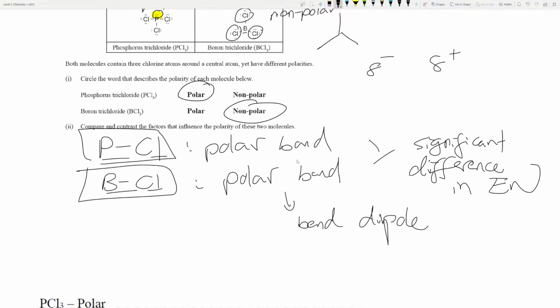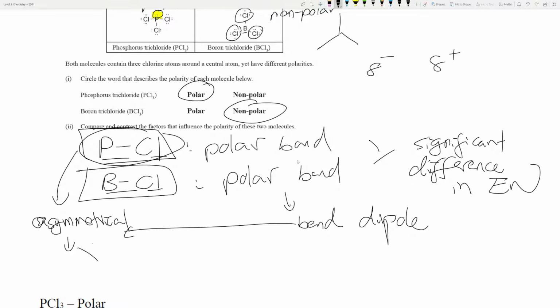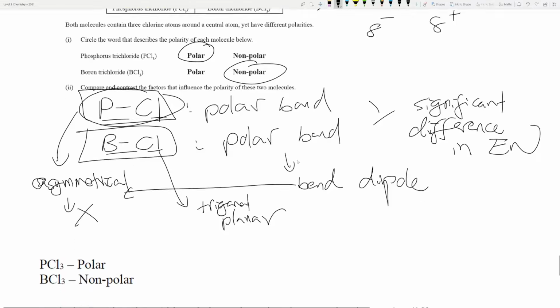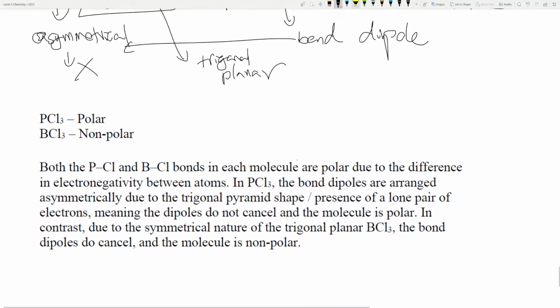But then PCl3 is arranged in an asymmetrical trigonal pyramid shape. This shape is asymmetrical, so that means these bond dipoles do not cancel each other out. But BCl3 is arranged in trigonal planar, and that means they will cancel each other out. So all the poles are gone, then the molecule is non-polar. So first thing first, always talk about the bonding.